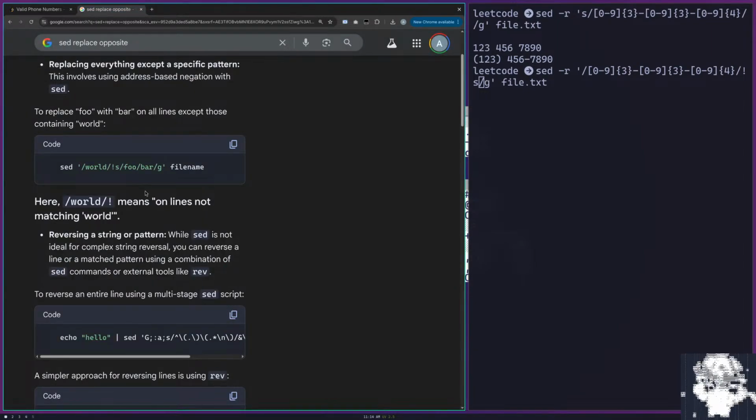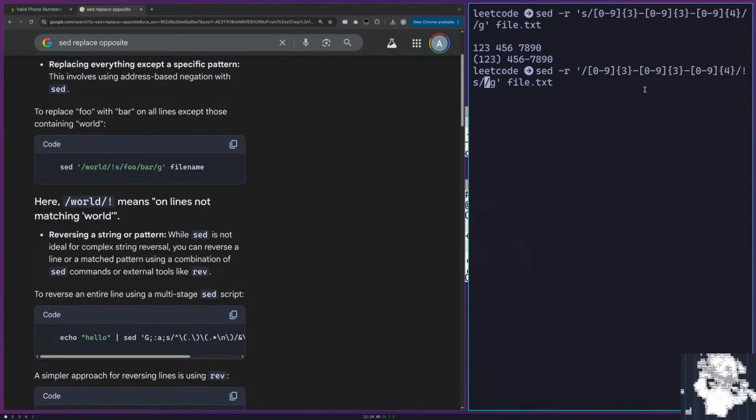Okay, so I guess I could do this with the exclamation mark S, and then I basically say replace everything with empty string. So this is gonna replace everything that doesn't match.